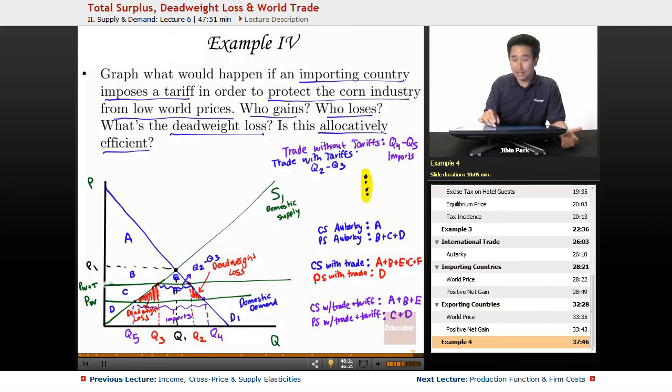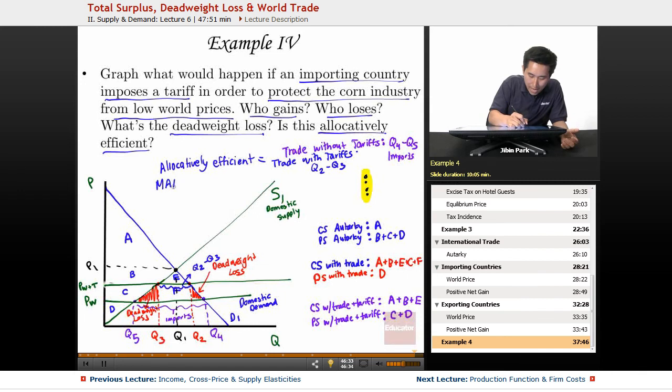And the final question, is this allocatively efficient? Now again, we know that allocatively efficient equals max CS plus PS, or total surplus.